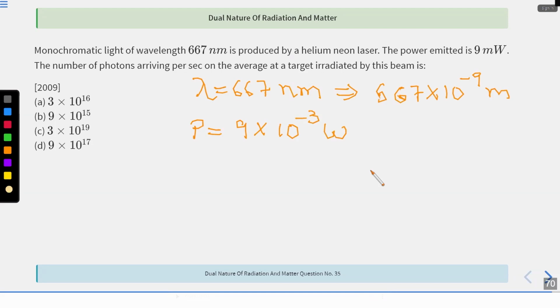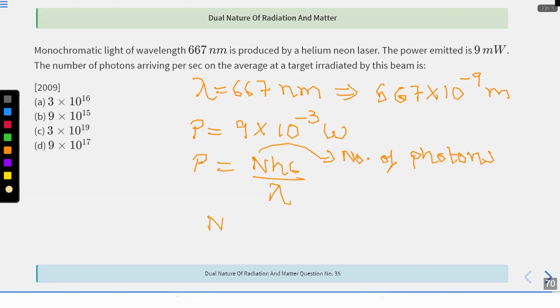Yes. So we know that our power is nothing but NHC by lambda, where N is the number of photons emitted per second. Right. We need to find out N only in the end. So N is equal to P lambda by HC.